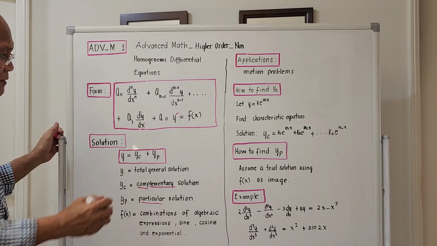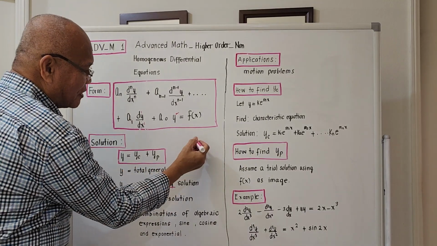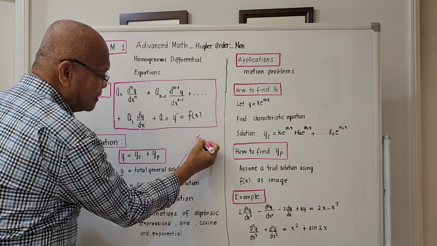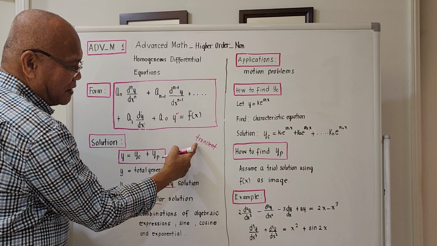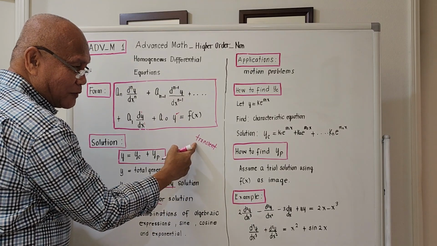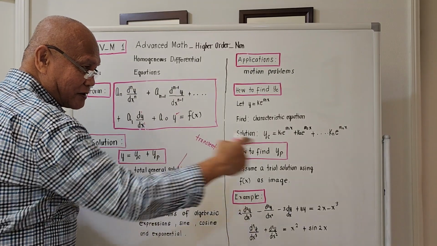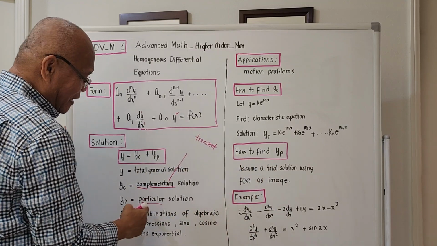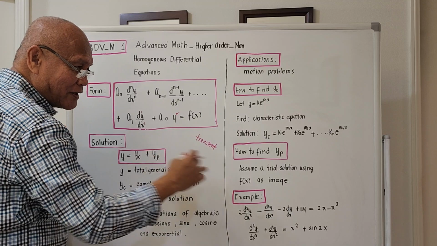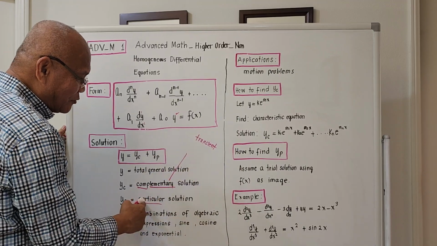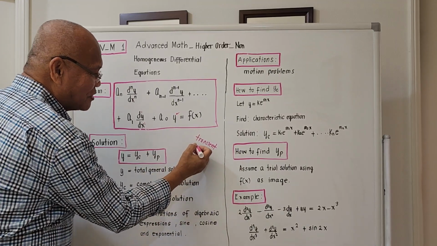Particular solution, it seems complementary is the transient part actually, the part of the equation which only occurs for a certain time. And the particular solution, even after so many minutes or seconds, that is termed as particular. This is the steady state.